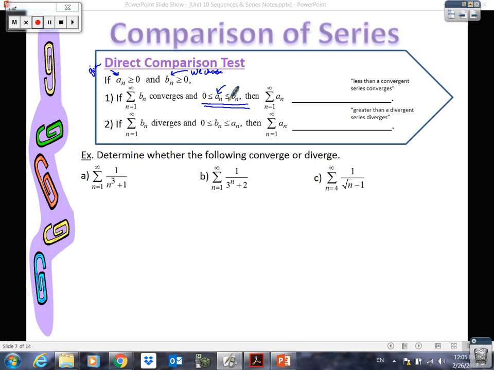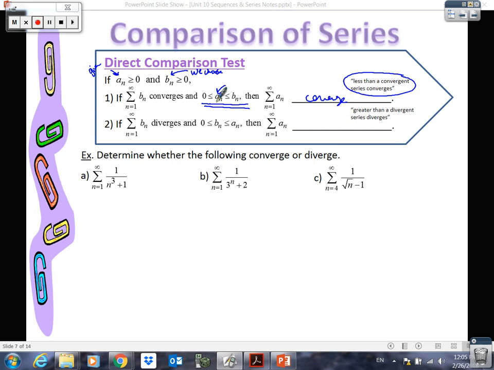So if the one we chose, the comparison series b sub n, is convergent, and the inequality works exactly like this, where our original series, the one we're given, is less than the one we chose, then our original series is going to converge. And this saying, I think, is quite helpful in determining the way that things are arranged. Less than a convergent series converges. Less than a convergent series converges.